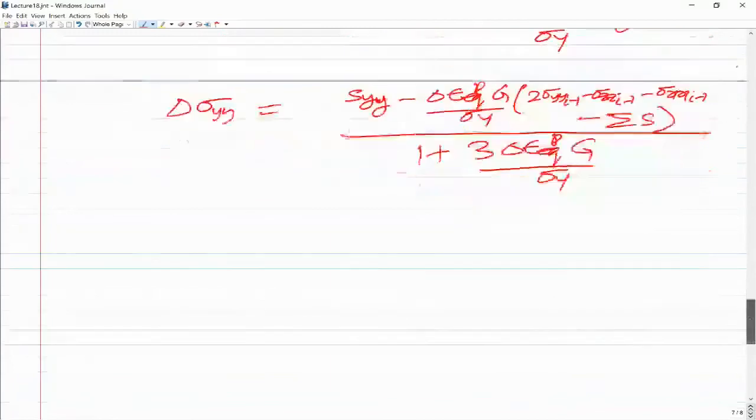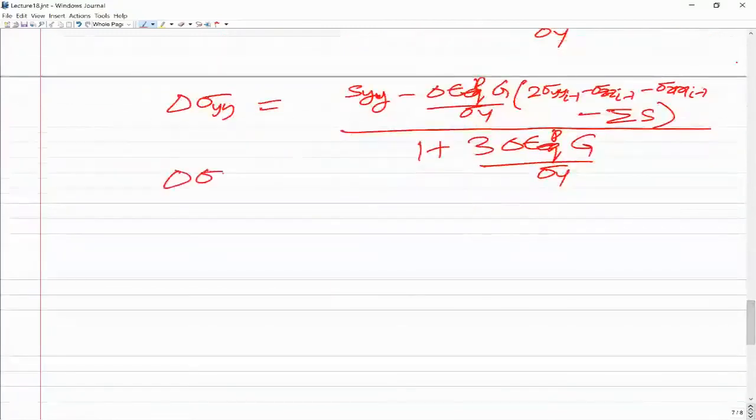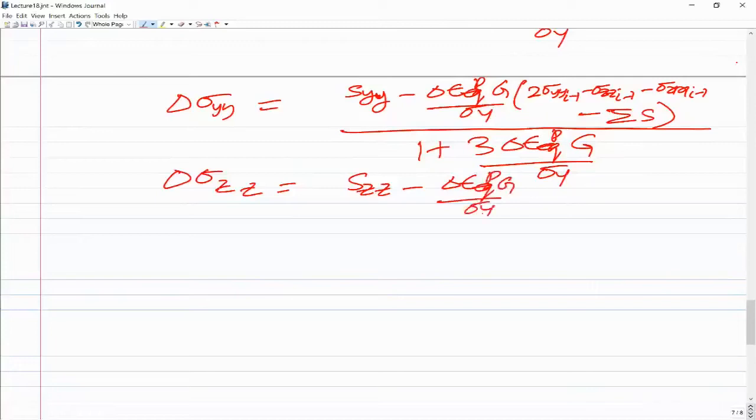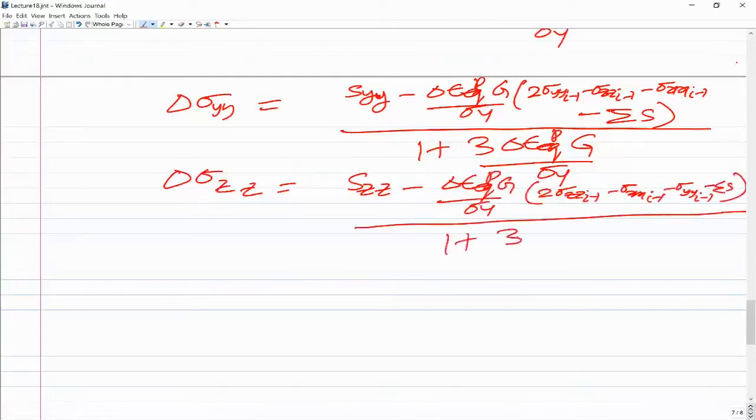Now similarly you can write delta sigma zz is equal to szz minus delta epsilon equivalent p into G upon sigma y into twice sigma zz at i minus 1 minus sigma xx at i minus 1 minus sigma yy at i minus 1 minus sigma s, and this whole thing divided by 1 plus 3 delta epsilon equivalent p into G upon sigma y.